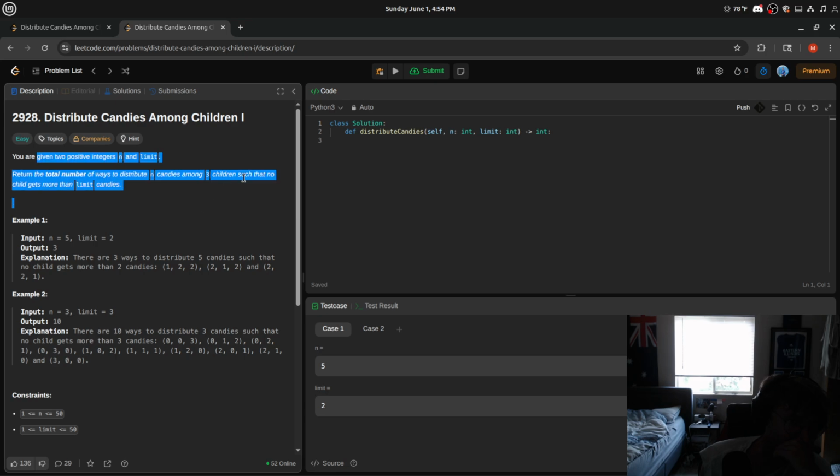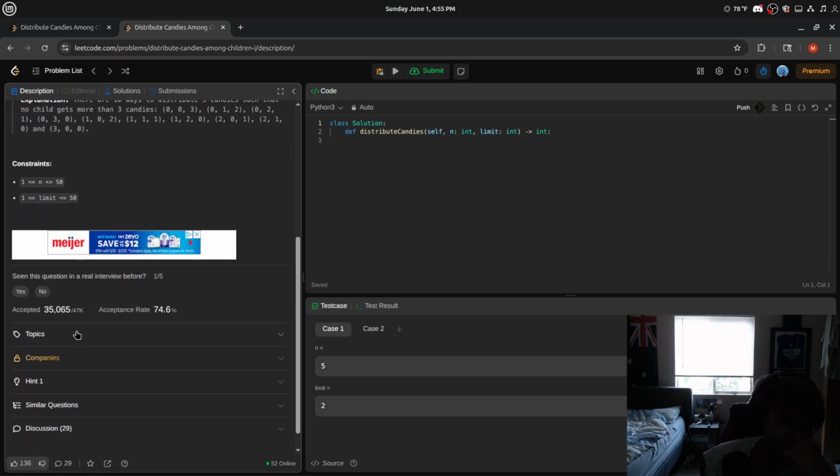We have to think about the brute force solution here. So what would be the brute force solution here? It has to be some sort of backtracking, like combinatorial enumeration.